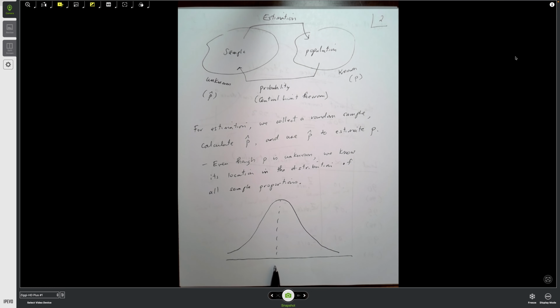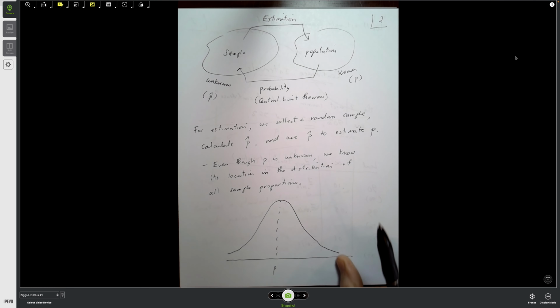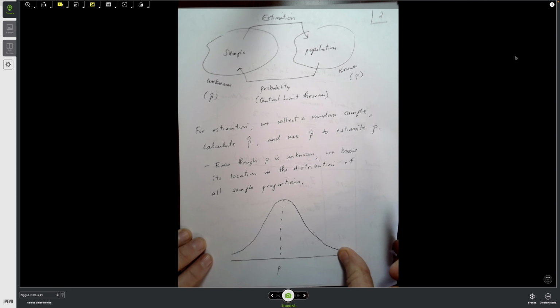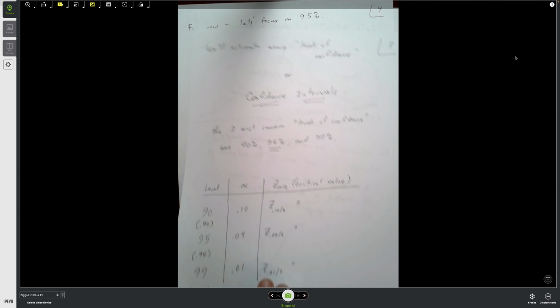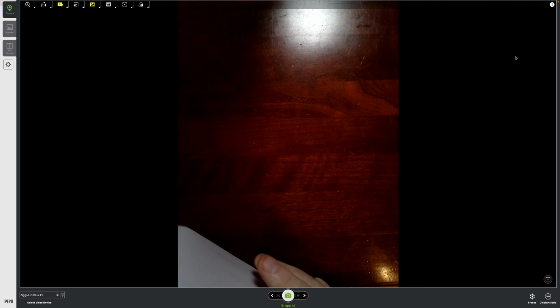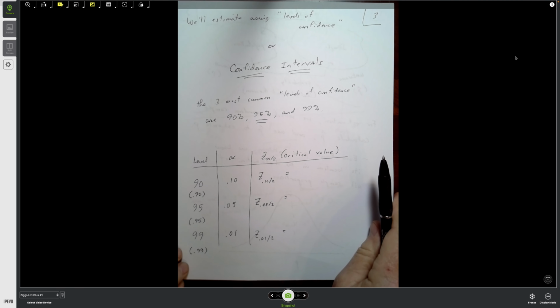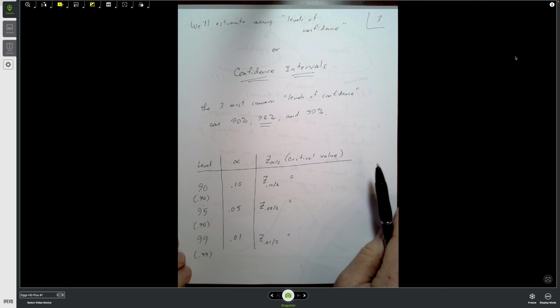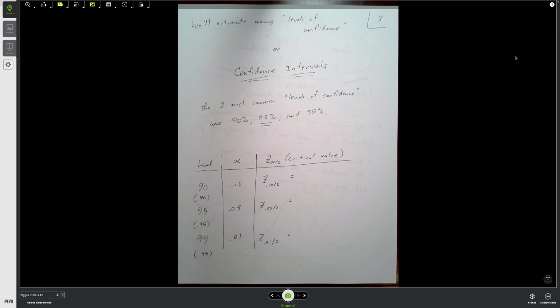It's smack dab in the center, right? We also know the value of the standard deviation. It's the square root of p times 1 minus p over n.